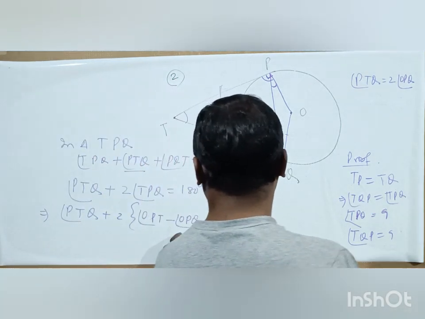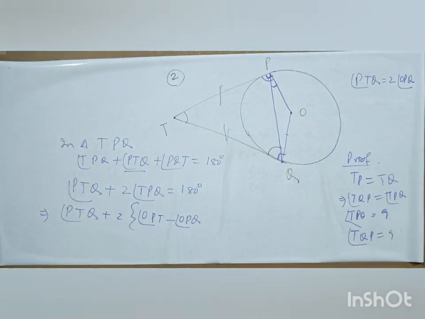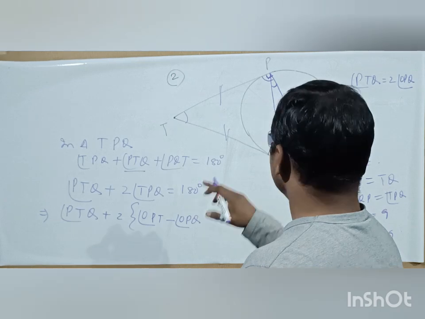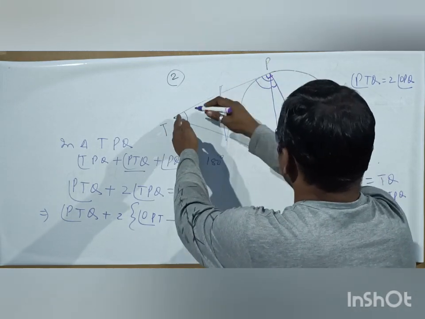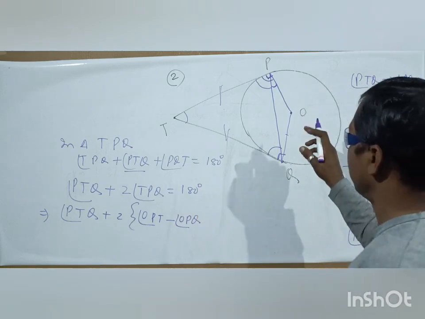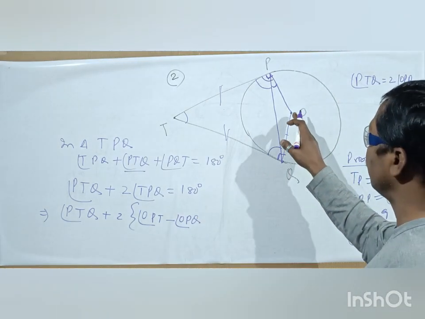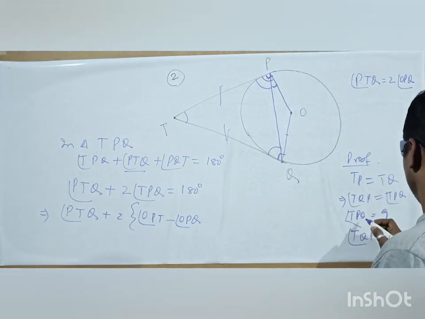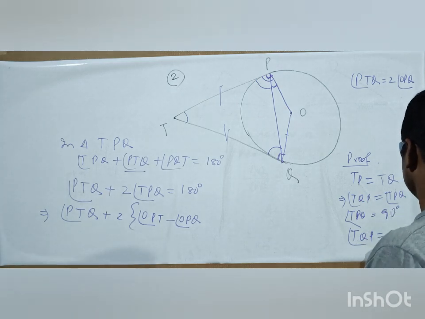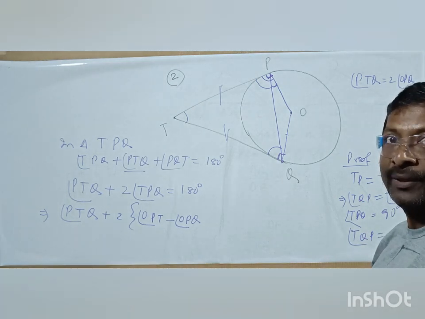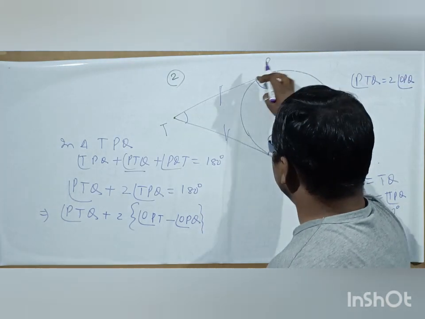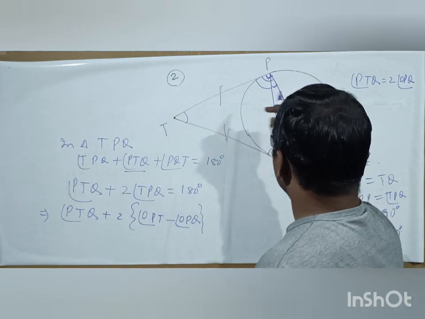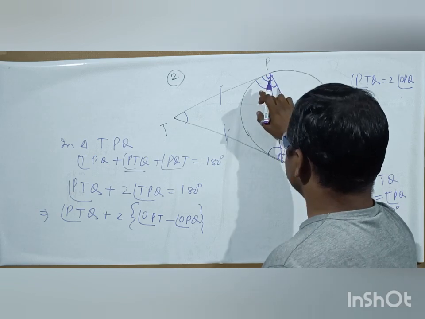I am writing TPQ as OPT minus OPQ, because OPT is 90 degrees.